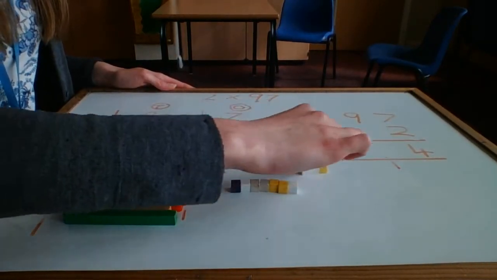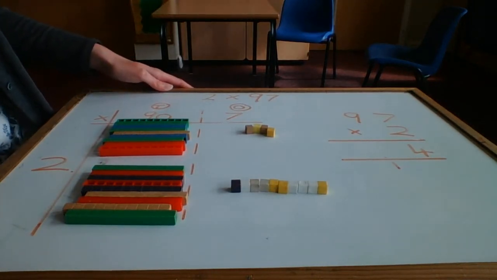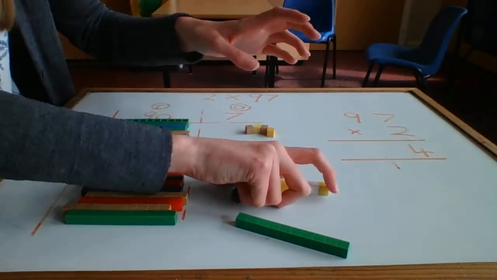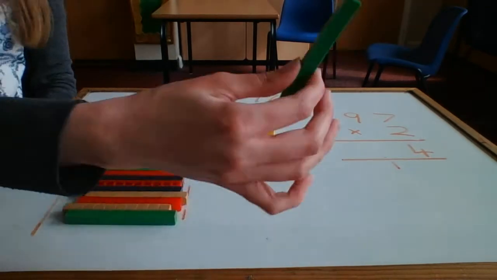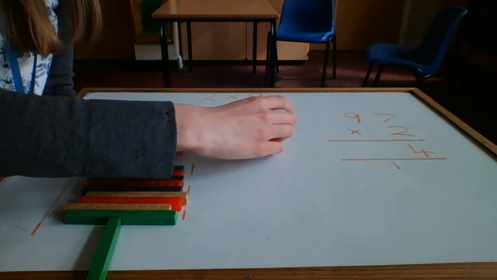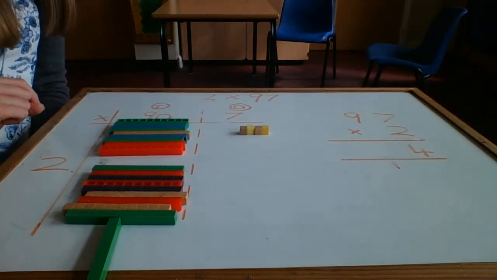I can take 10 ones and change it for a 10. So I take those ones, change it for a 10, and that 10 goes underneath the tens column. And I've got 4 ones left. 4, then 1 under here.